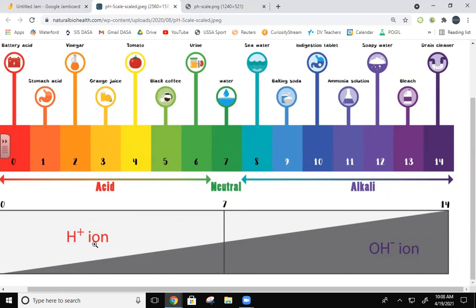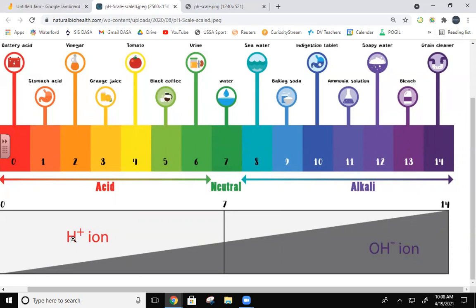Hydrogen ion, yep. Vince, remind me what an ion is. It's a charged particle. And it does a really good job of telling us what charge this ion has. This is very obvious. It's a positive, right? And this one has a negative charge, meaning that a hydrogen ion is just a proton.